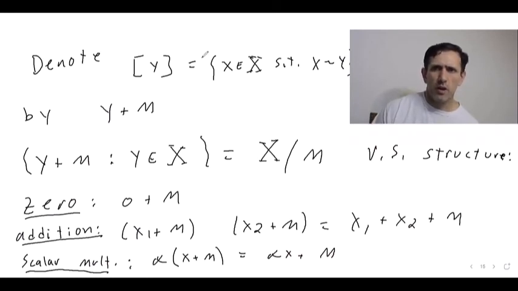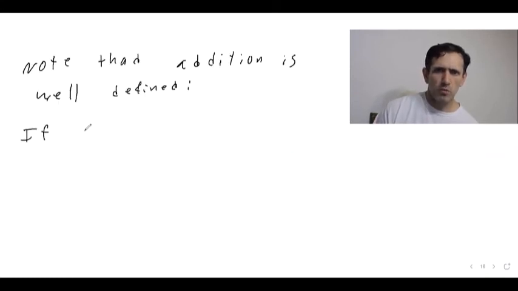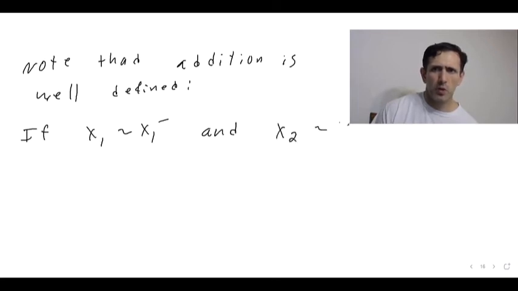So this addition should not depend on the representative chosen for the class x1 plus M and the class x2 plus M. In other words, let's look at x1 prime equivalent to x1, and the same thing, x2 equivalent to x2 prime. Let's check that x1 prime plus M plus x2 prime plus M gives me the same class.